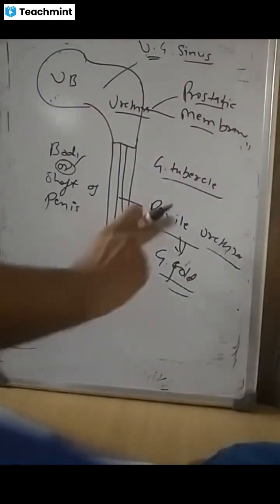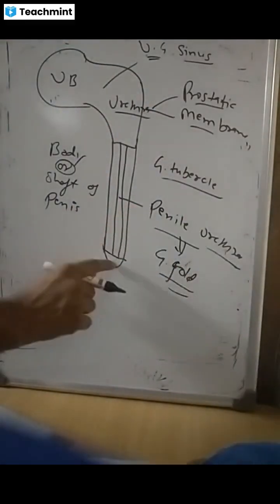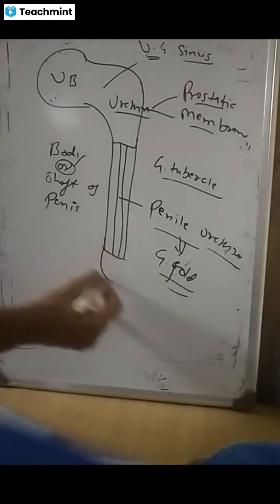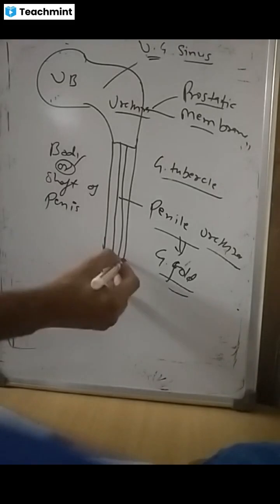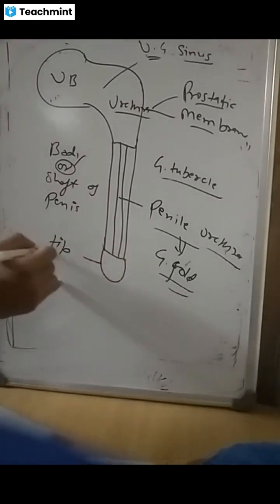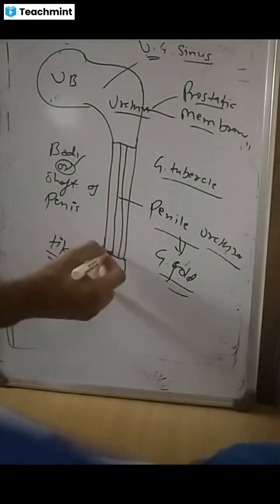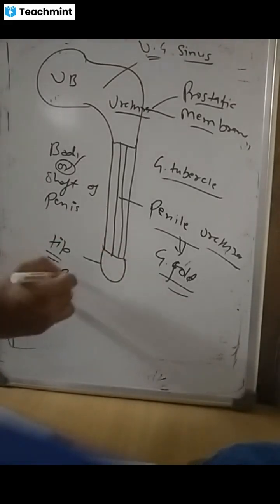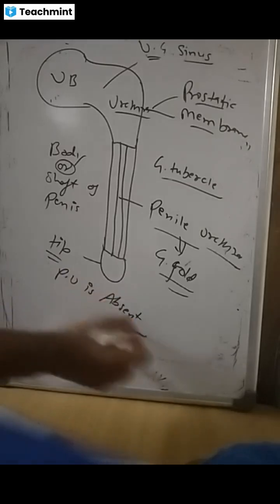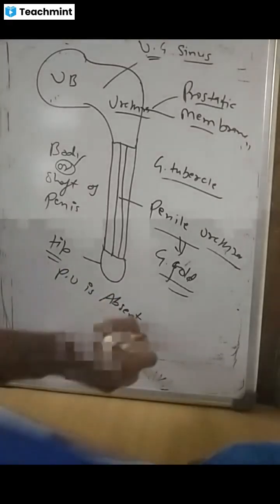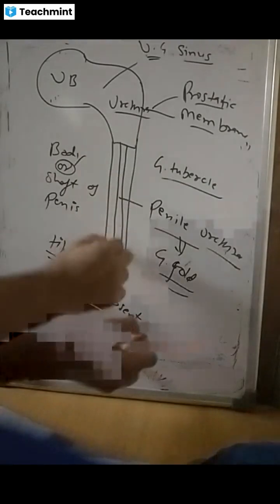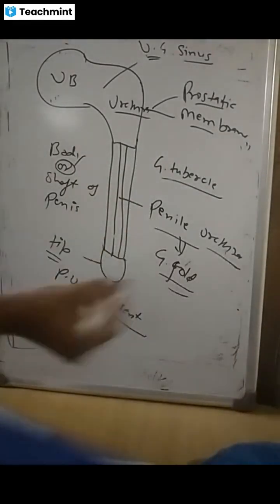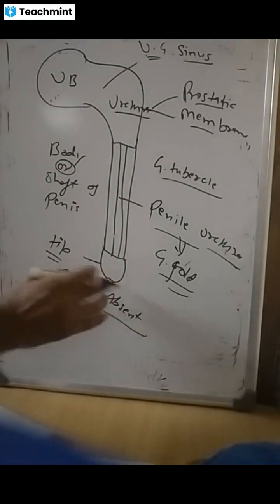Where it is absent, at the tip, the penile urethra is absent. How to connect this penile urethra side with this orifice?